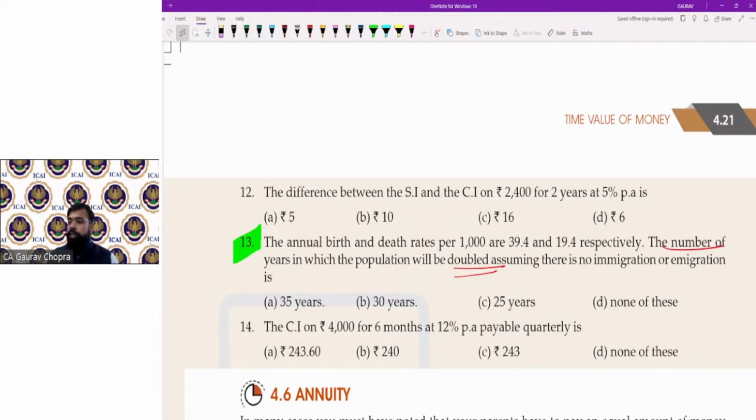Harshita says my answers are visible to you. Yes, Harshita is giving so many D, 10 D at a time. So question number 12, difference of simple and compound interest is how much? 5 rupees, 10 rupees, 16 rupees, or 6 rupees.